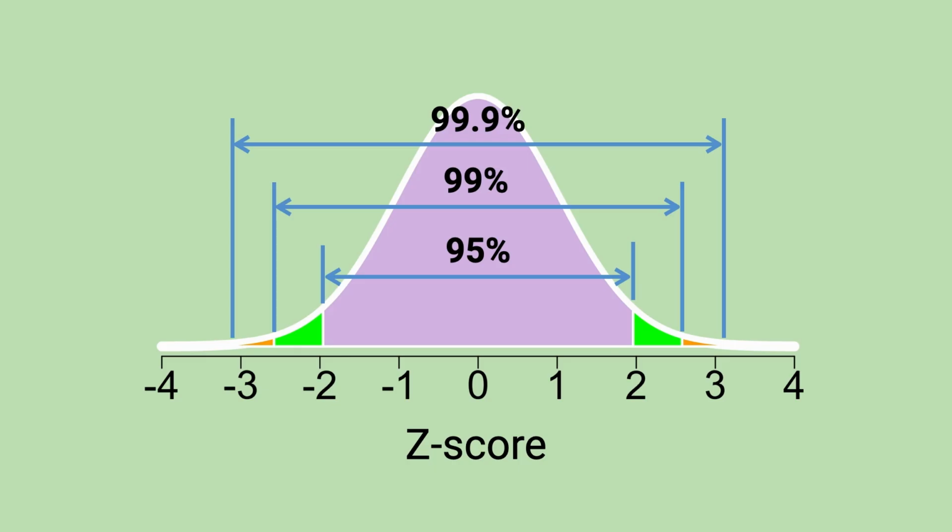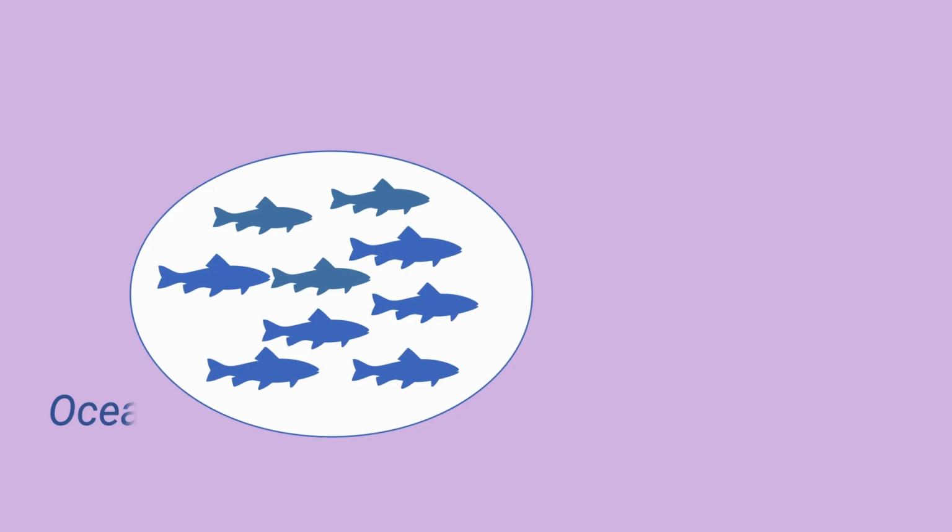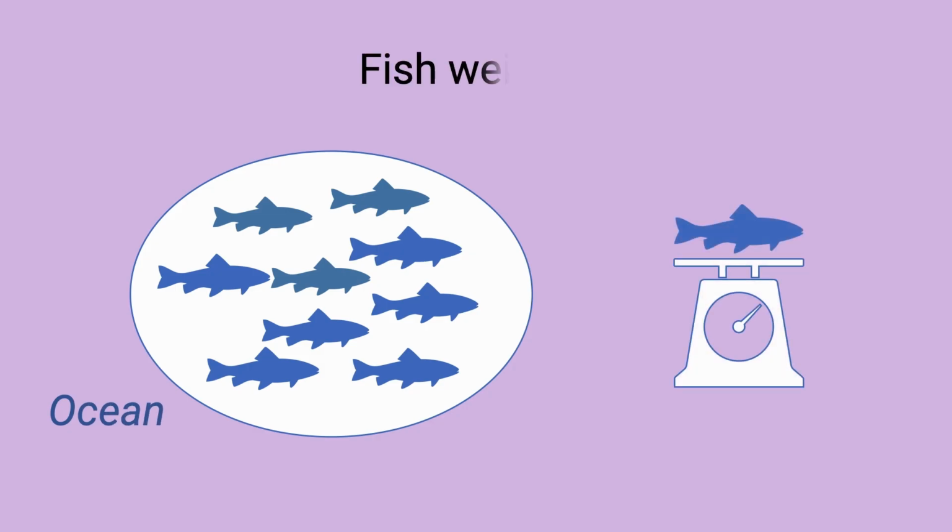Let's consider these questions. The first question is how we can identify the height of a type of tree in a forest, such as the Amazon rainforest. Another question is how we can measure the weight of a type of fish in the ocean.